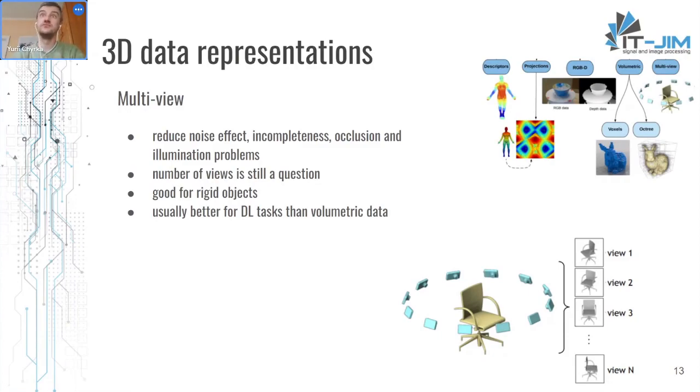And when we talk about the number of views, it's still a problem. It's still an open question, because we have to find a balance between the minimum amount of views required for proper shape description, and on the other hand, we shouldn't take too many views so as not to make the system and description too complex.